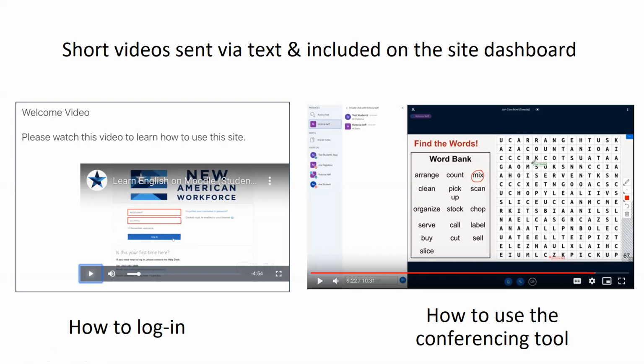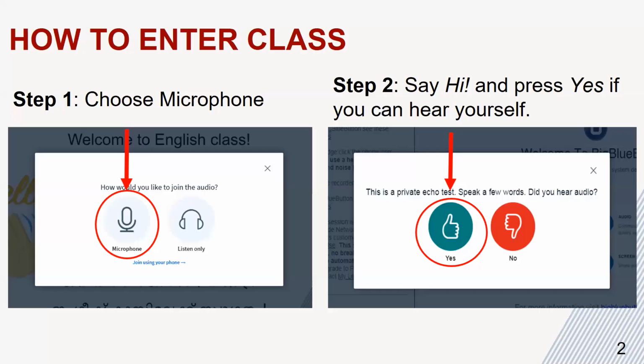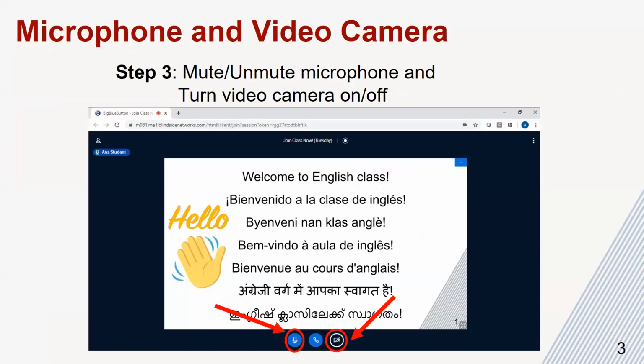And then the other thing that I wanted to show you was what we displayed in the virtual classroom. This is actually a slide that was used in the virtual conferencing tool. You can see here, we again reinforce those messages of making sure you choose microphone when you join so other students can hear you. Make sure you press the thumbs up if you can hear yourself.